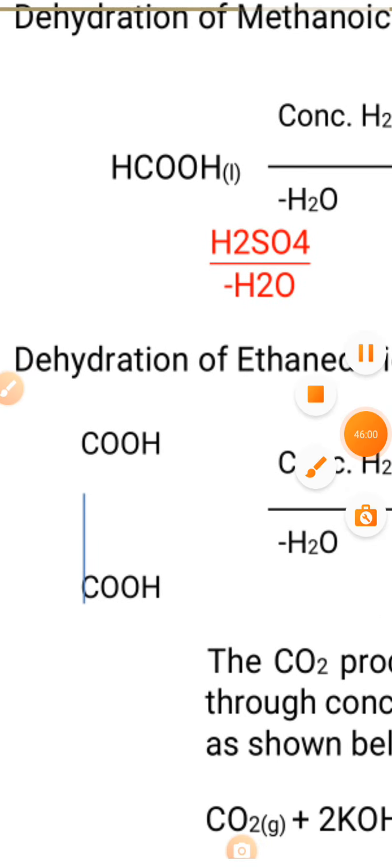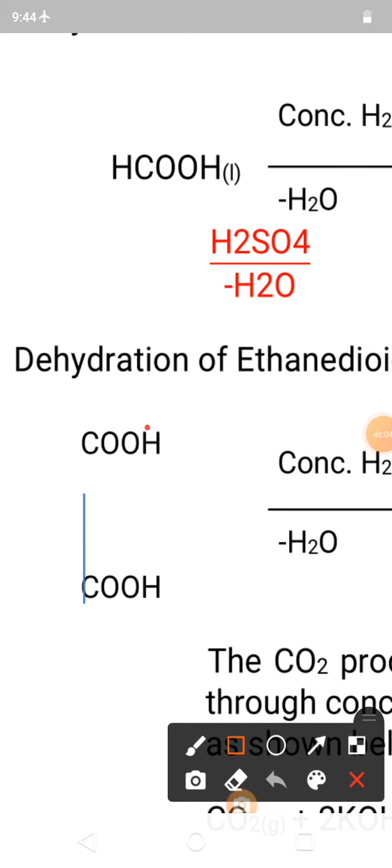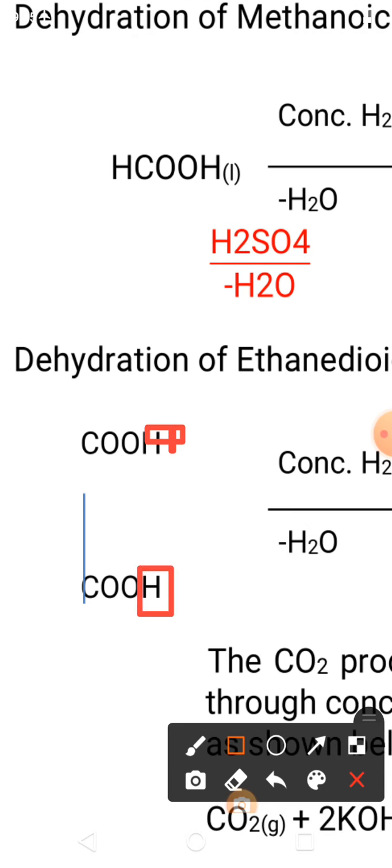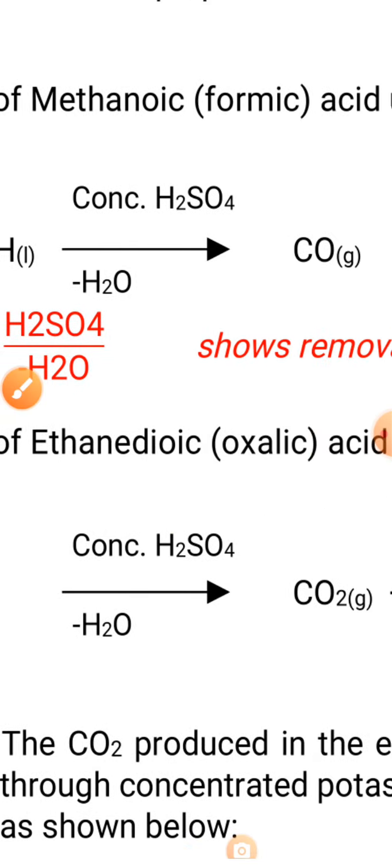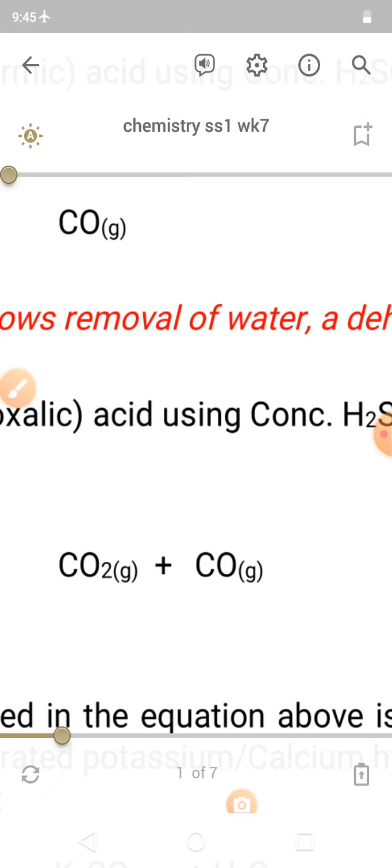So if you remove this H, remove this H, and you remove this H2, and then you remove the O. Let's say this O. You remove this O. So what do you have? You have CO, and you have CO2 here. So here you have CO2 and you have CO.